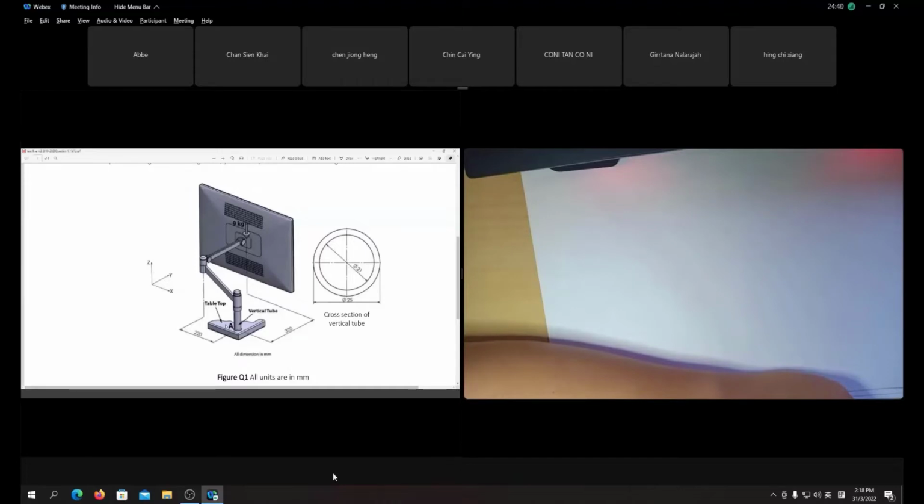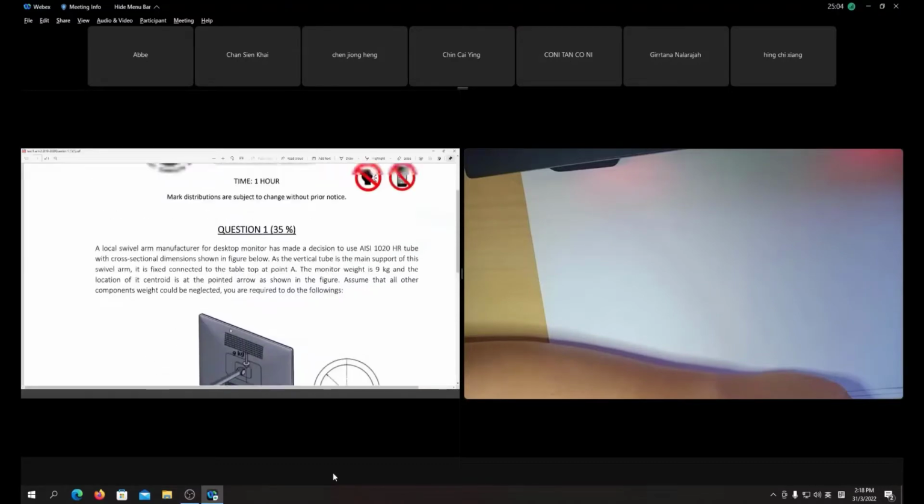Since A is at the base, at the throat, it is the most critical. The other members, like the rectangular beam, are not under our consideration. We focus here because of what the question asks.